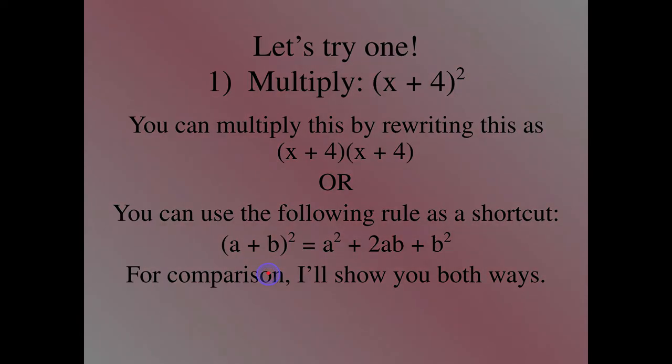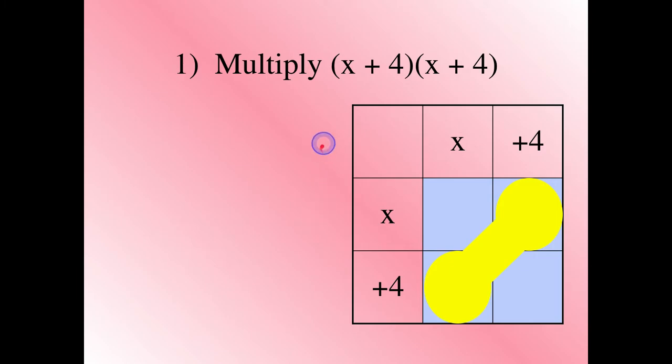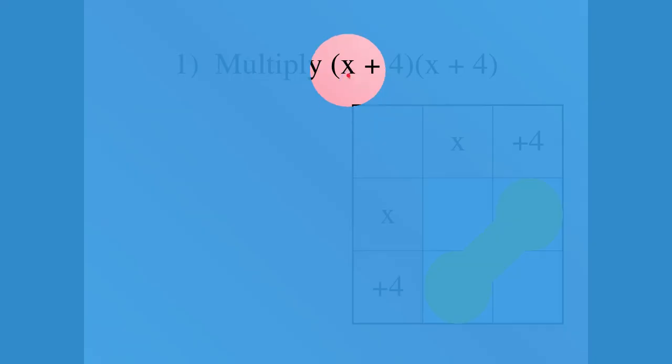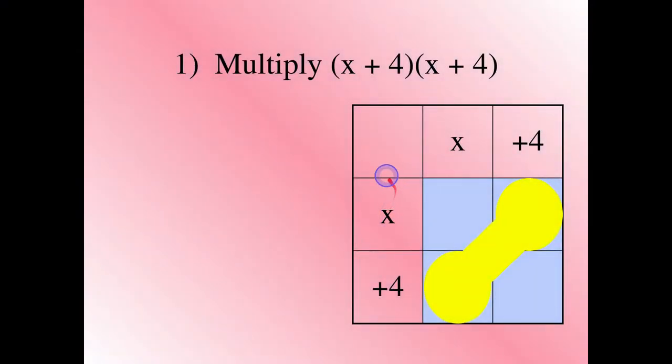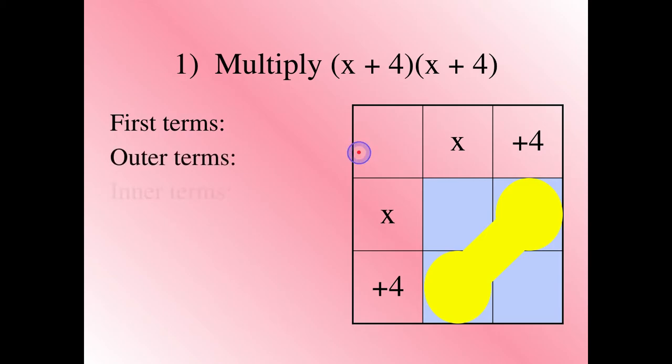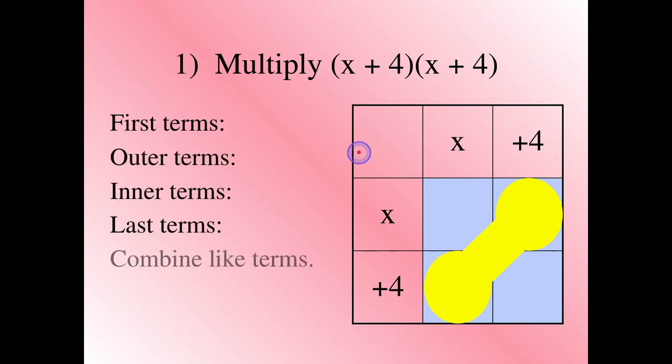So let's first look at the box method, and I'll show you how the formula works into that. With the box method, you're going to multiply these two quantities, and you have them set up in your box. So the first terms, outer terms, inner terms, last terms.